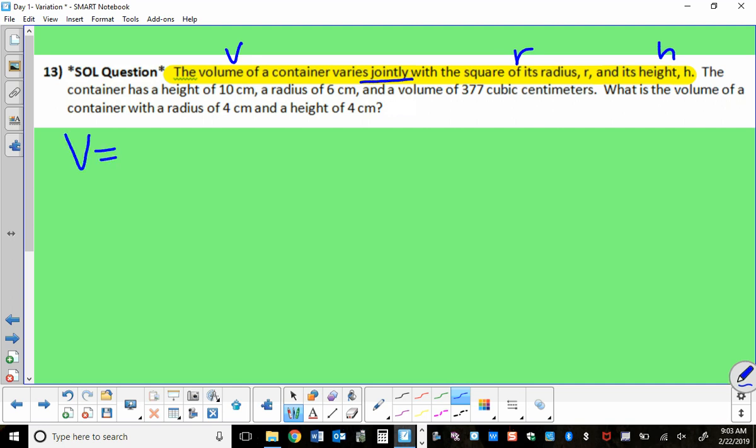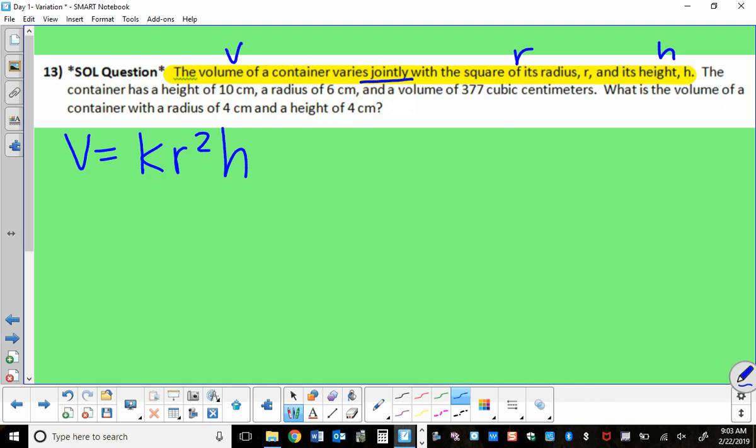I have the volume, so V equals K, varies jointly. Jointly means I'm going to combine everything, with the square of its radius, so R squared, and its height. So that's k times r squared times h. Be careful with that square of the radius.